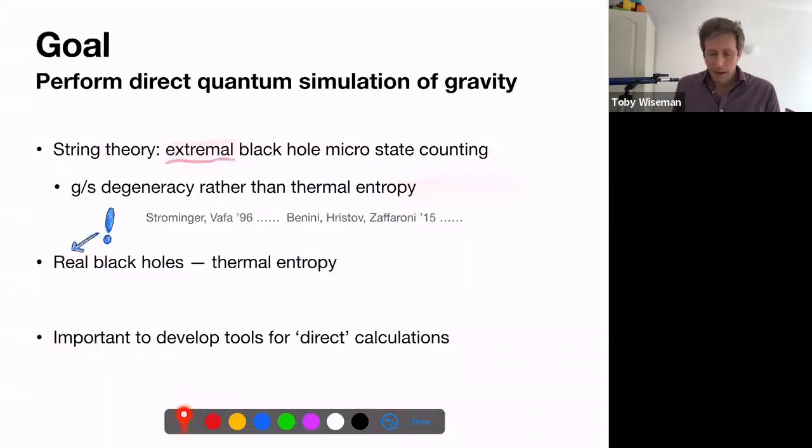And of course, there's a very long story of calculating thermodynamics of black holes in string theory, calculating entropy of black holes, which goes back over 20 years now. And it's a very beautiful story with lots of recent progress, but it is all focused on counting ground state degeneracy.